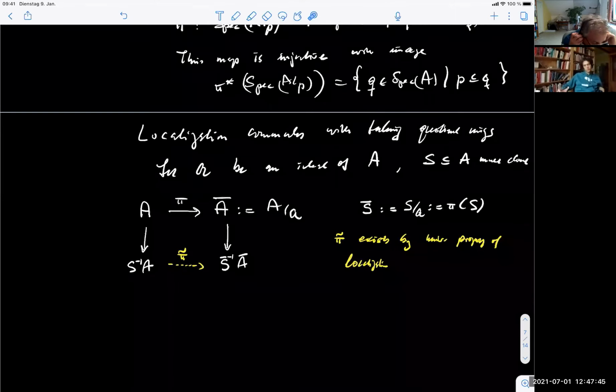Right. If I compose these two maps, I get this diagonal map. And I need to know that this diagonal map maps elements of S to units. But this is what happens. If you have an element of S, it goes to S bar and will be a unit. So clearly, I can factor. Okay. So this map phi twiddle exists. I say map, but I mean, of course, ring homomorphism.